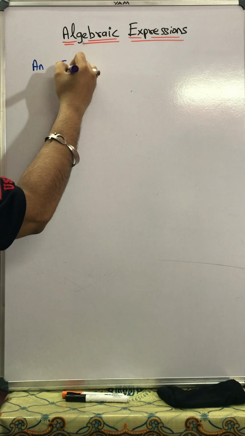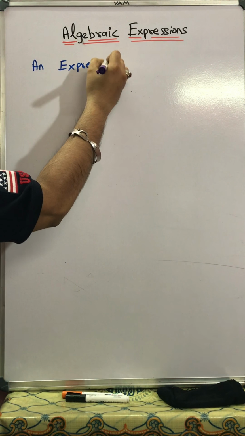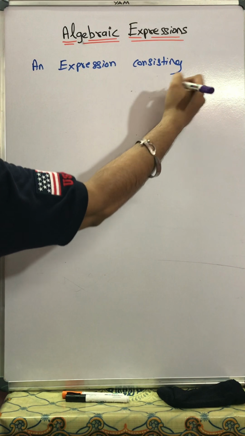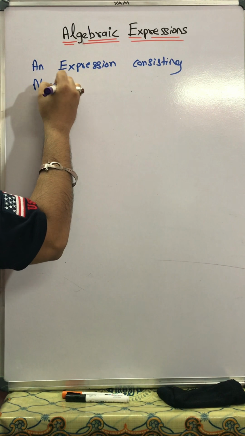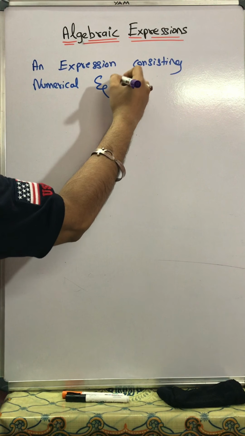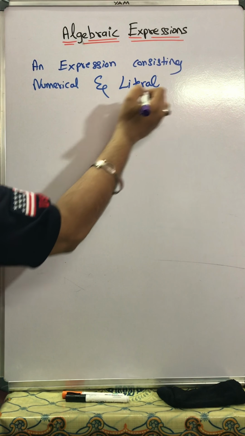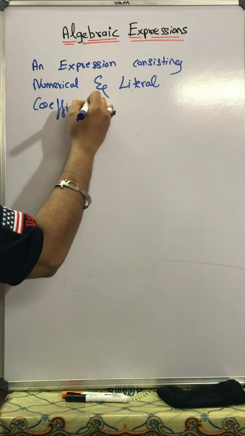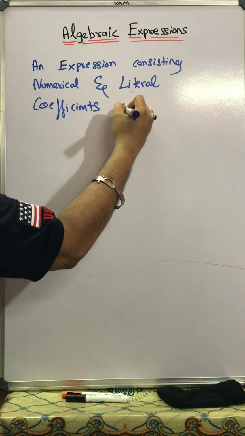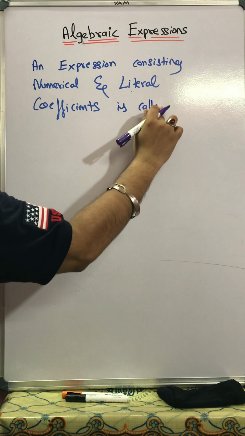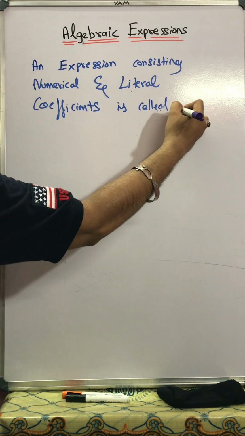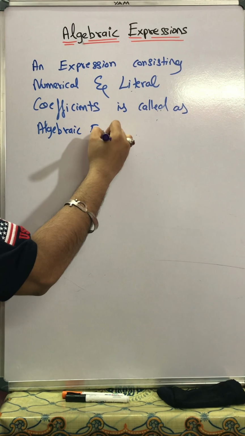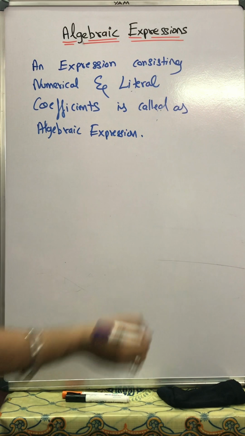An expression consisting of numerical and literal coefficients is called an algebraic expression.